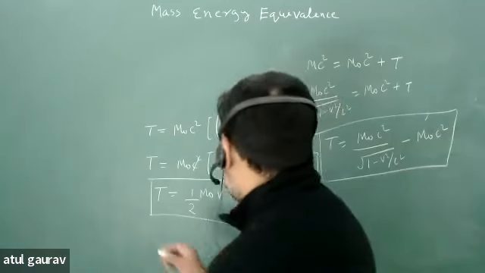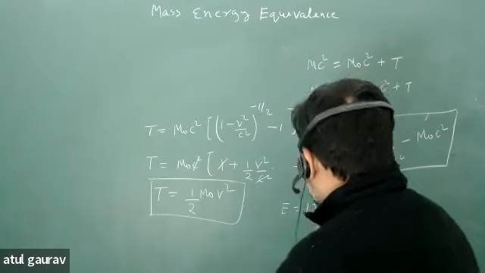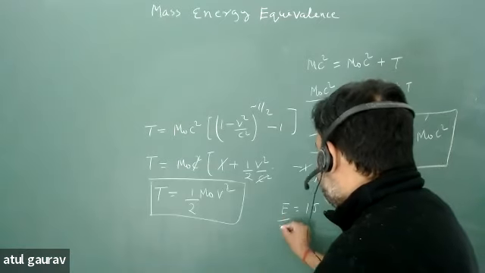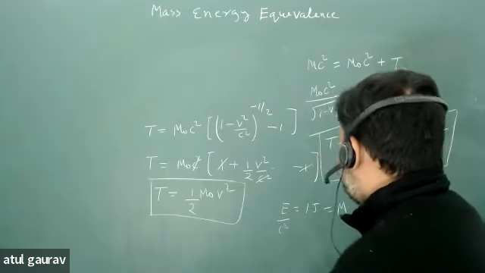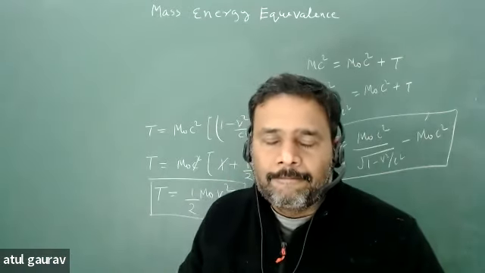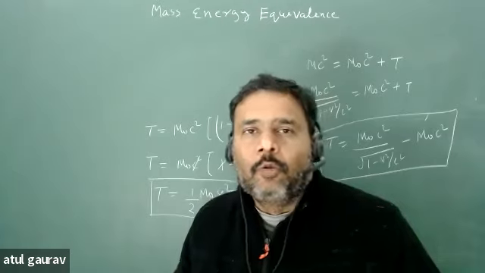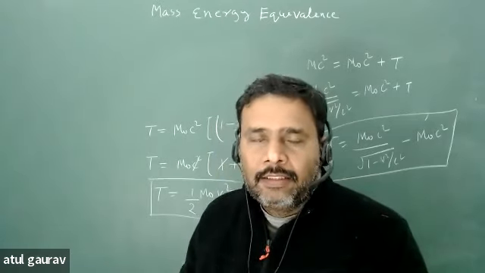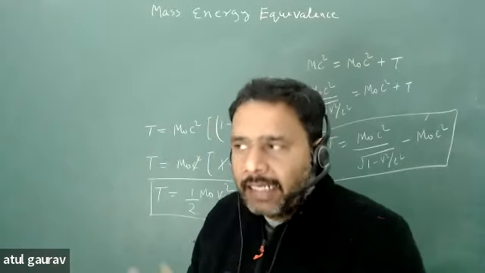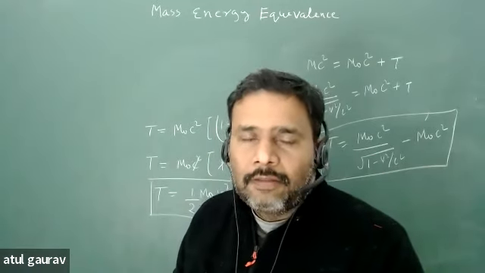If you have energy of 1 joule, how much mass can you have? Equivalent mass. Then this E upon c square is your mass. So we are using this concept, isn't it? Are you getting my point? Whenever you multiply any mass with c square, it is equivalent to some energy, and you can say this energy is equivalent to this mass, because c is always constant for everything, right?